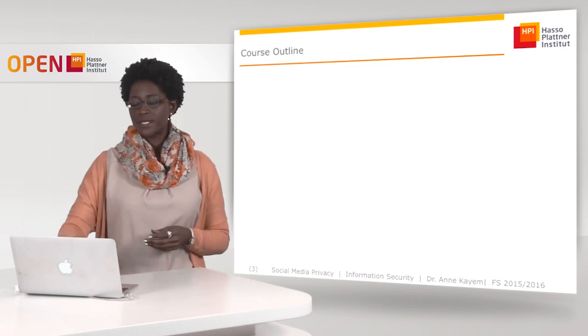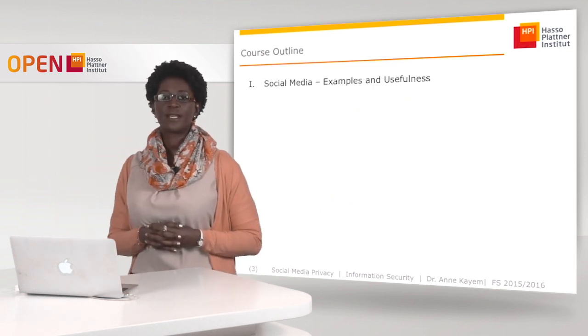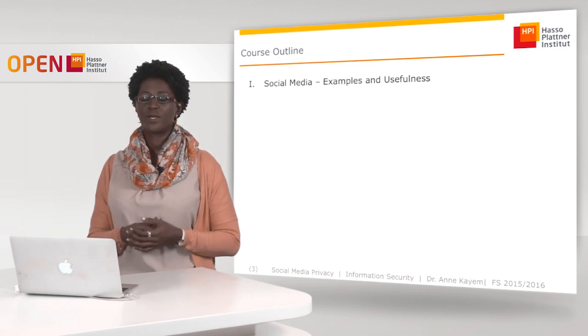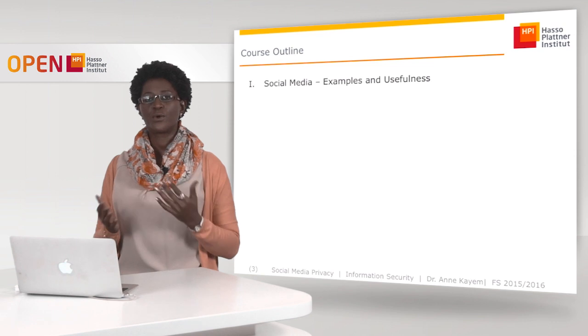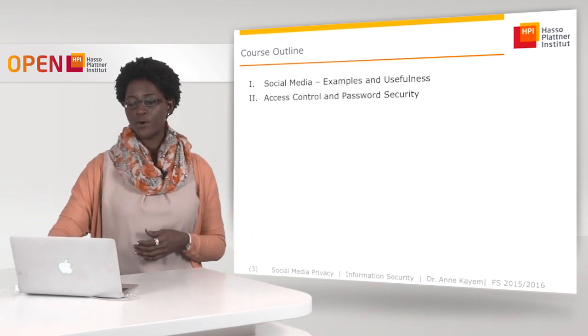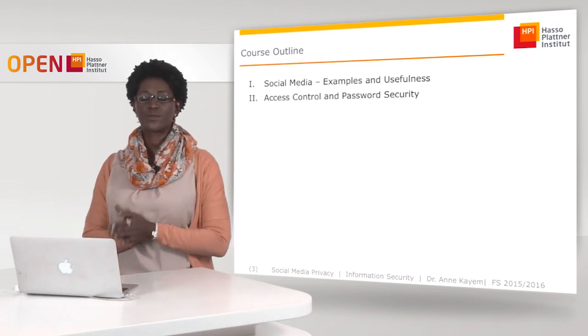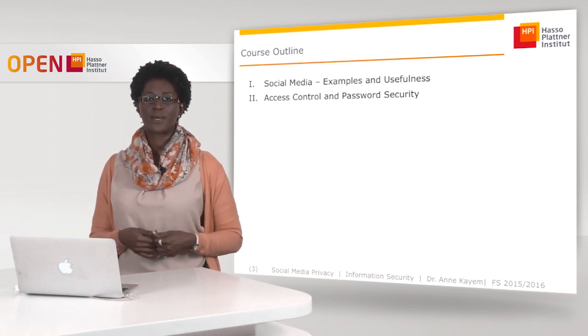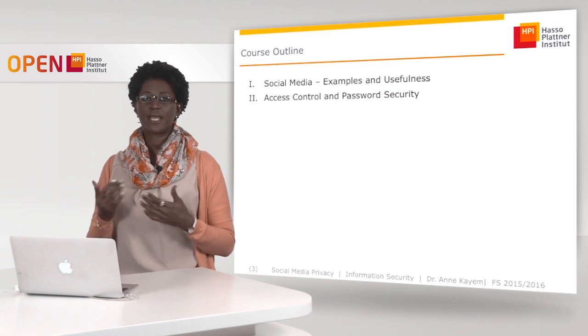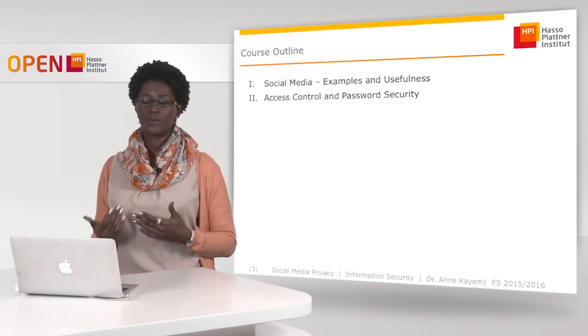In terms of the course outline, what I will be looking at is social media in general. We'll look at some examples, the usefulness of social media, which you know about in some way. We'll go on to look at, for example, password security, why it is that you need a strong password, how this impacts on access control, who can access your data, when, how, and why.